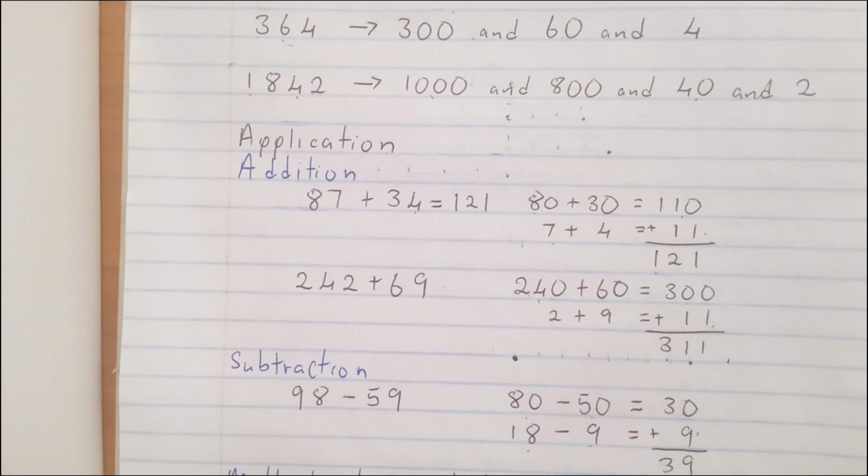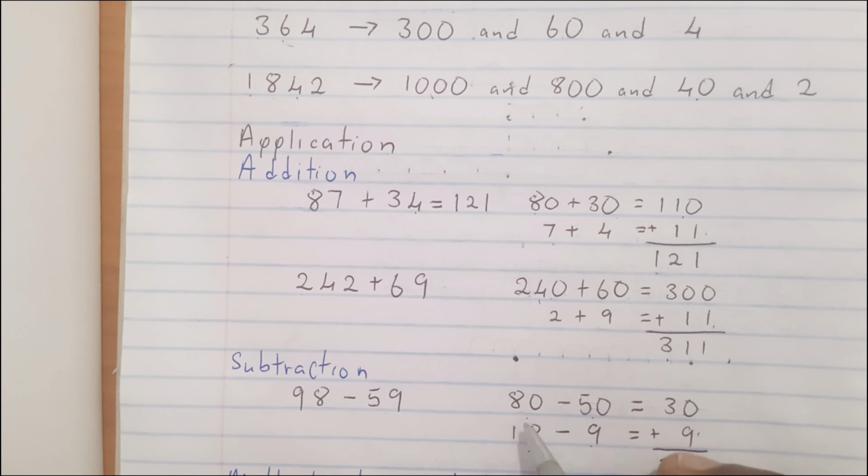Now, I know some people will wonder, oh, it's 90, not 80. So why do you think I did that? For your hint, hope you guessed correctly, 8 is smaller than 9.